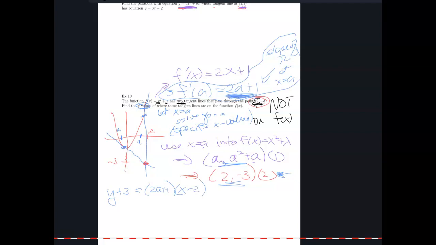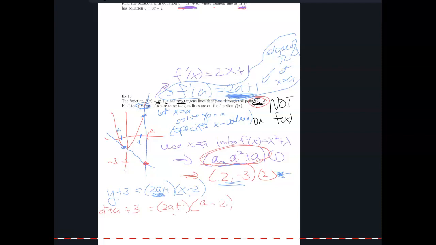So I put in 2a plus 1 for the slope, x minus 2. Okay, so from here, now I'm going to use this point. So now I'm going to put in a squared plus a for y, carry along the plus 3, carry along the 2a plus 1, and then I'm going to put in a for the x.